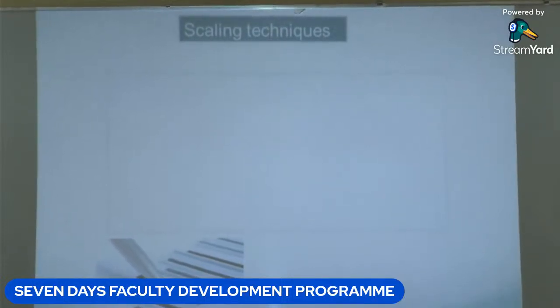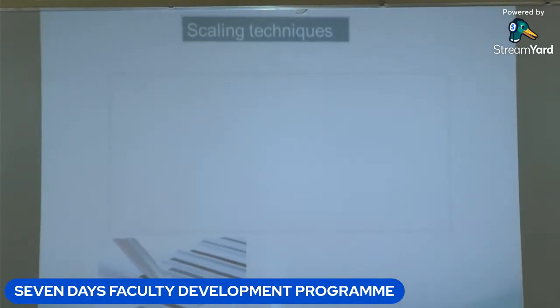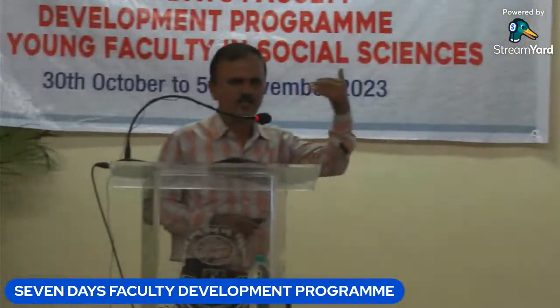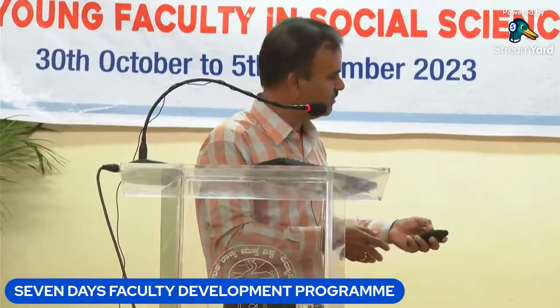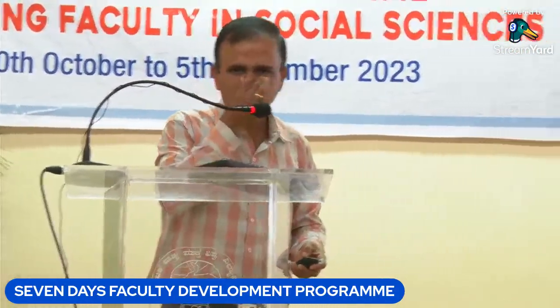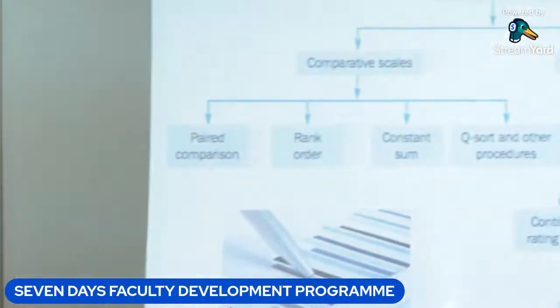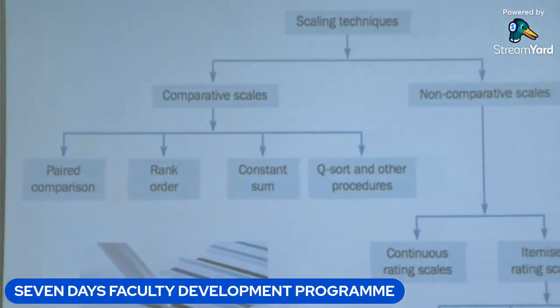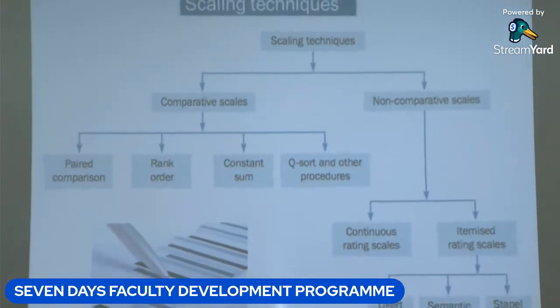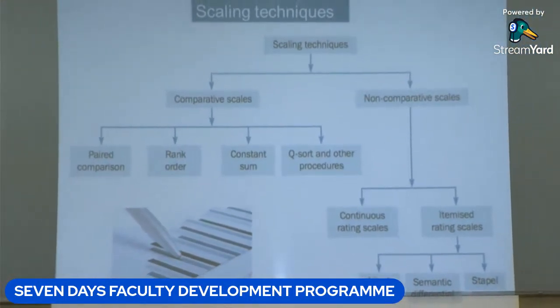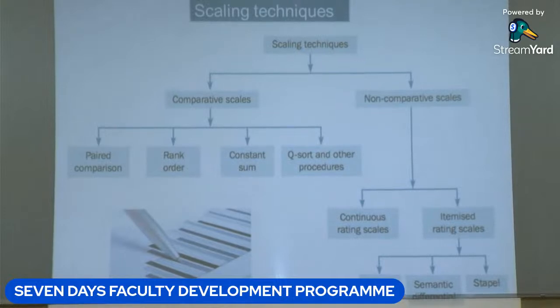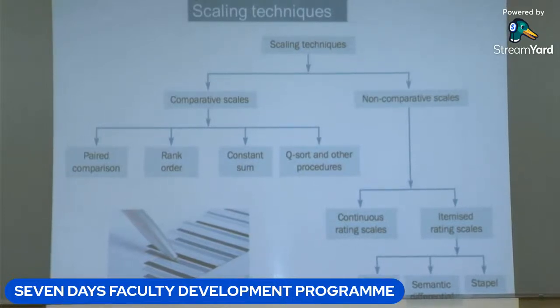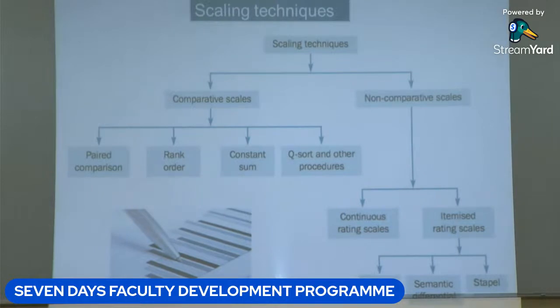The next part of our discussion is a continuation of the measurement, that is scaling techniques. As already noted, it is a continuation of the measurement, in the sense that we have a continuum upon which a construct or a concept or an observation or the opinion of the observation is located.